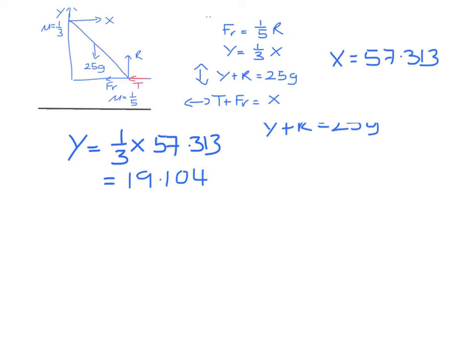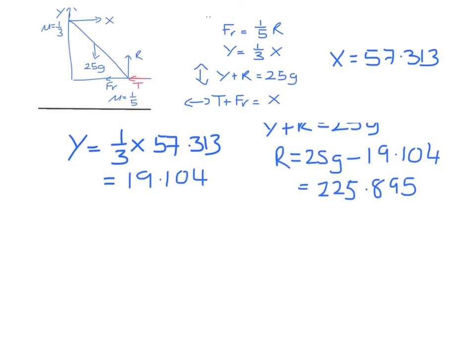So R will be 25g minus Y, which was 19.104, and that gives us 225.895.